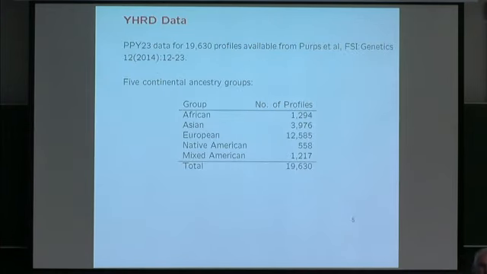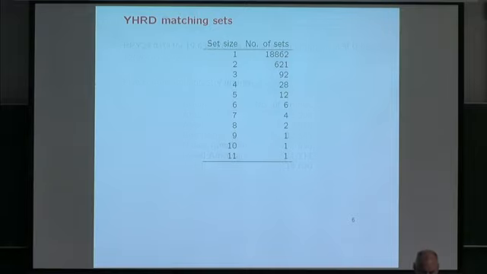I'm going to be referring to a nice published database, this version had, I think, 19,000 Y haplotypes in the database from several different populations. It's publicly available. I think it's reliable data. It's been carefully QC'd.